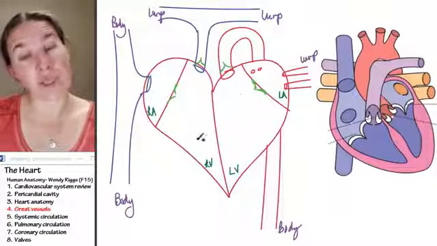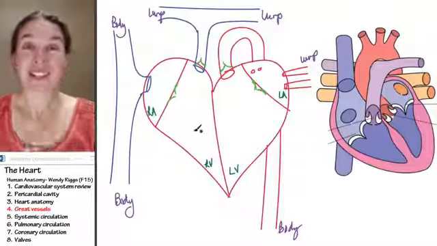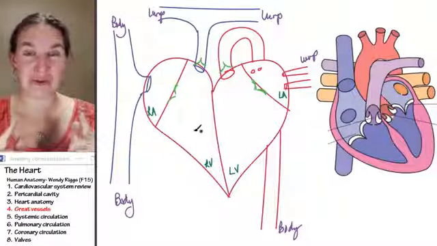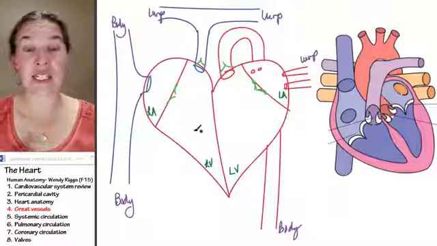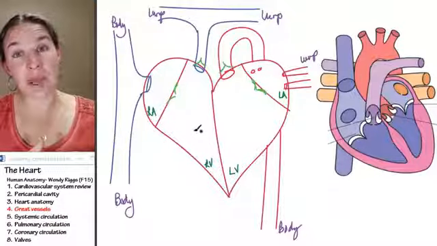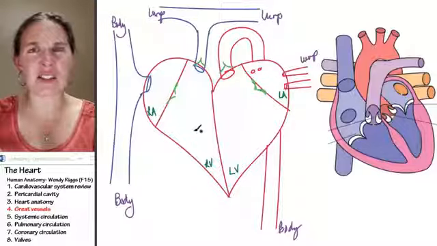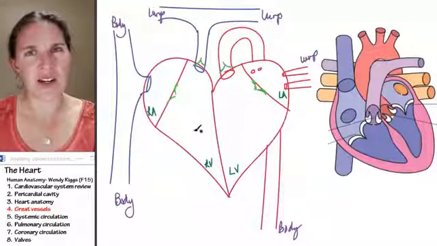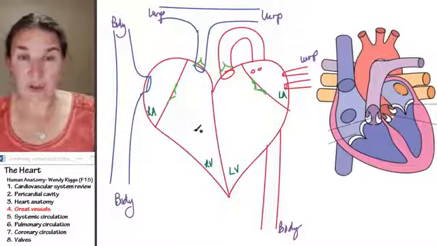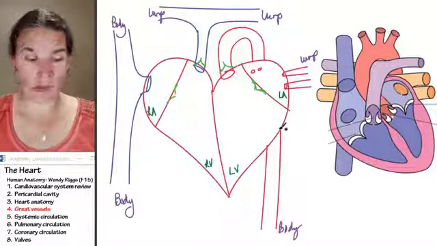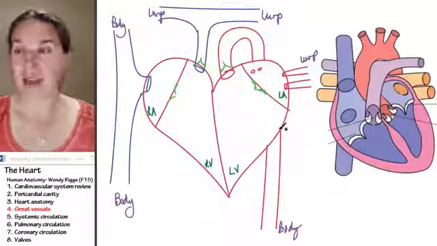So we're going to start thinking through the great vessels that are involved in the systemic circulation as opposed to the great vessels that are involved in pulmonary circulation. And what I want you to think about is, if we're associated with body, that's systemic.